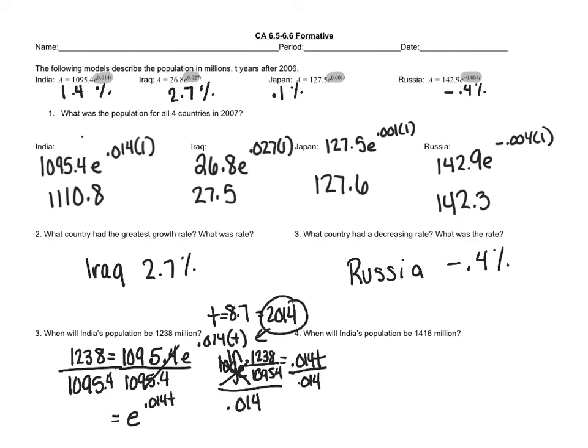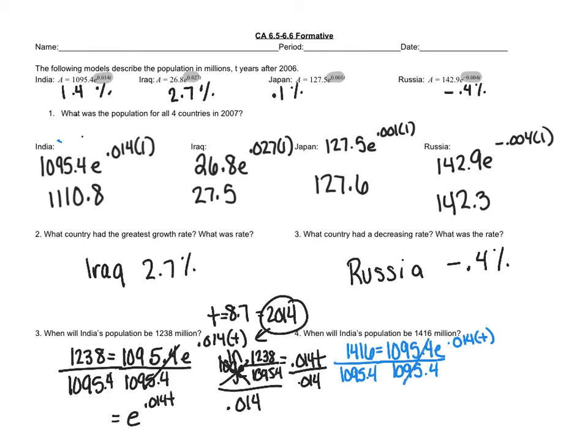When will it be 1416 million? So let's go ahead and change our color. So 1416 equals 1095.4 e to the 0.014t power. So same thing here. We're going to divide by 1095.4 on both sides.